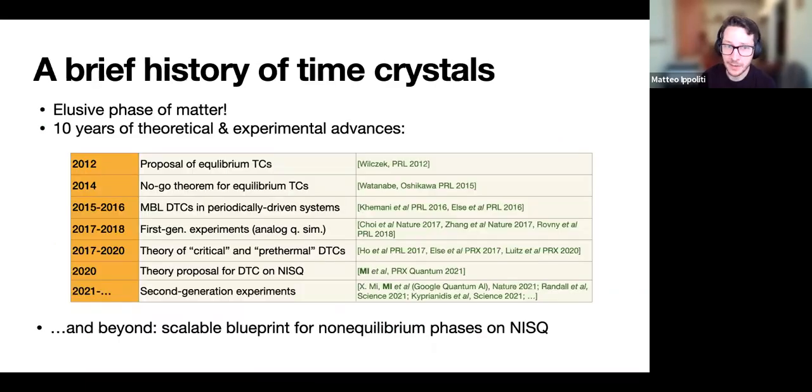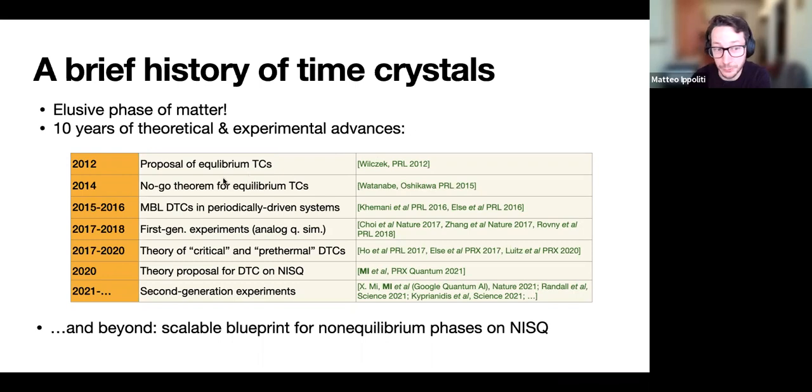Okay, so just to wrap it up, I want to take a longish term perspective on the history of this physics that looks back at the past decade and how this falls into context. So time crystals were, I think, initially proposed in quite a different flavor by Frank Wilczek in 2012 as equilibrium systems that somehow break time translation symmetry.